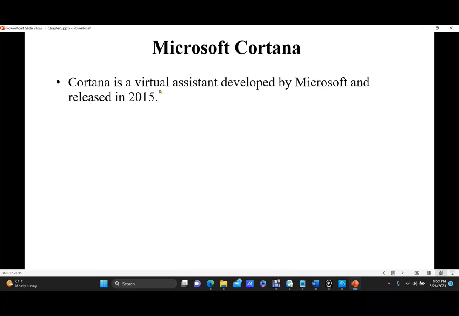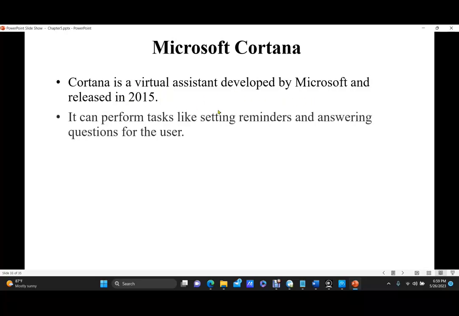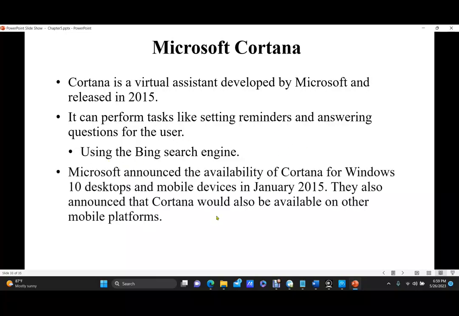Cortana is a virtual assistant developed by Microsoft. It was released in 2015. Cortana can perform tasks like setting reminders and answering questions for the user. Cortana uses the Bing search engine to find answers.